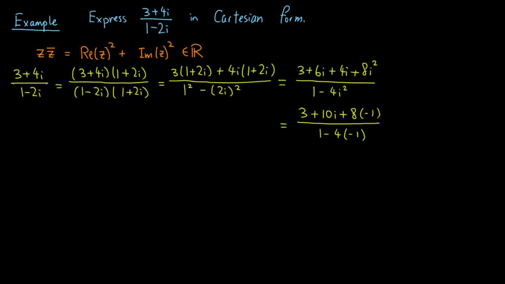And that equals (3 + 10i + 8(-1)) over (1 - 4(-1)), which equals (-5 + 10i)/5. So the final answer is -1 + 2i.